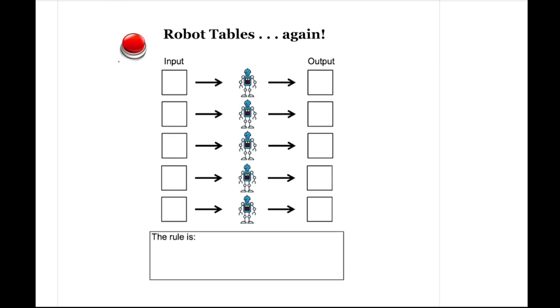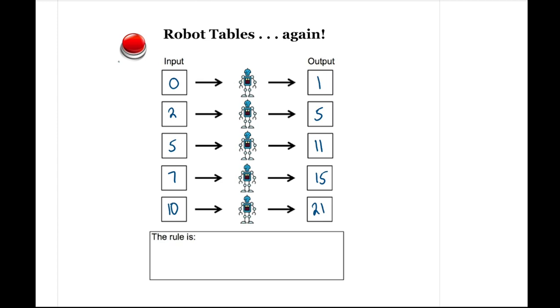So we're given a robot table again. We're given some input numbers, let's say 0, 2, 5, 7, and 10. We plug them in, our robot does some calculations, and we're spitting out a number of 1, 5, 11, 15, and 21.